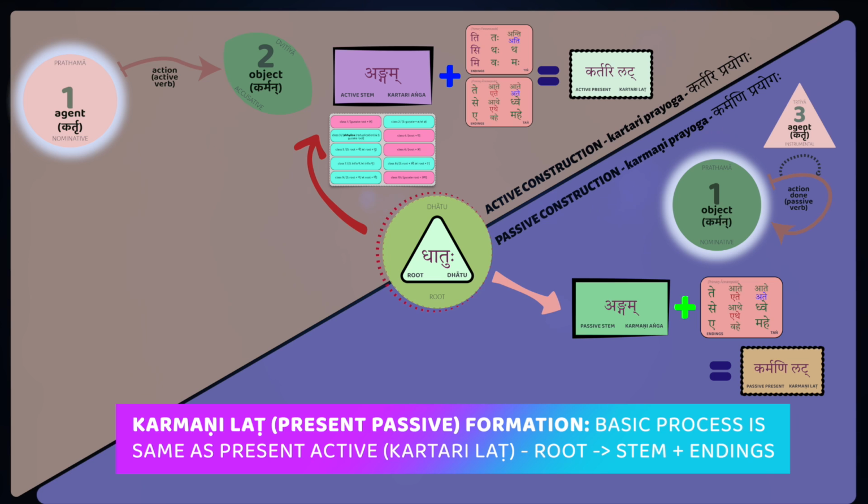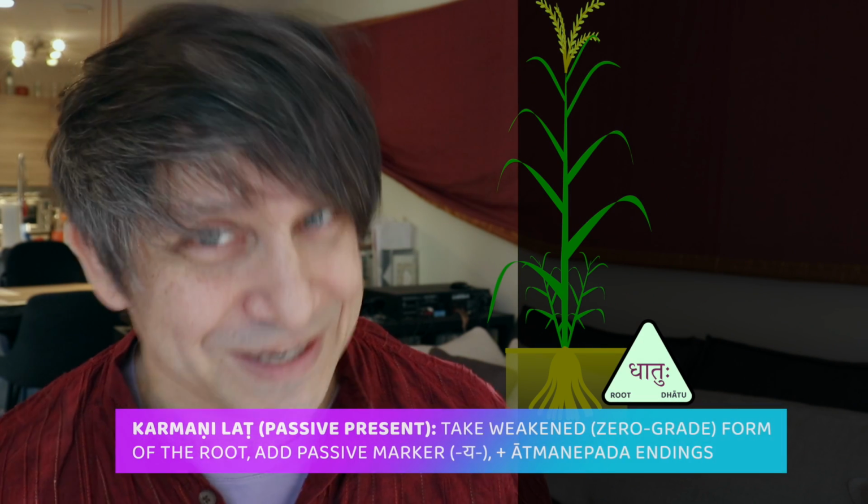The process will still be the same, but the formation of the passive present tense, the karmaṇi lat, is actually much more straightforward than our kartari, our other lat that we learned. You can actually say it in one sentence, it's so easy.